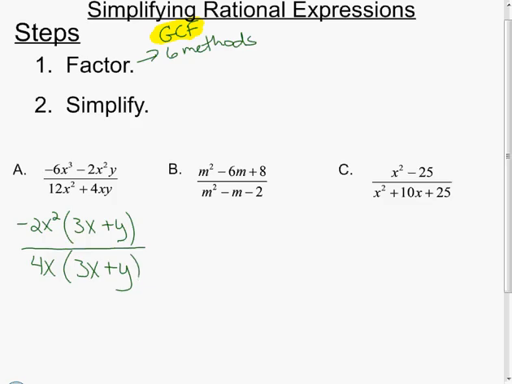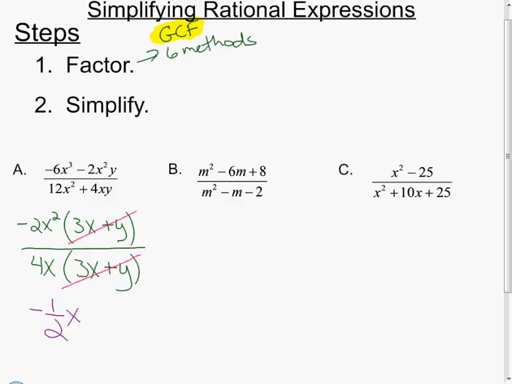Well, that's very convenient, because as I move to step 2, where it says simplify, I can just simplify using what I know about fractions. Anything over itself is 1, so that cancels. And then I've got this portion here of negative 2x squared over 4x. So that is going to give me negative 1/2 x.